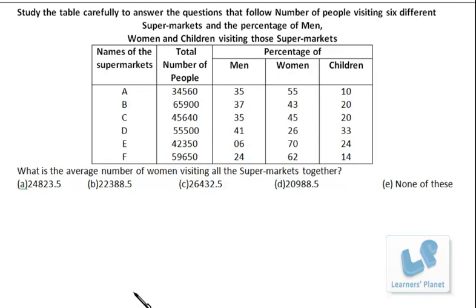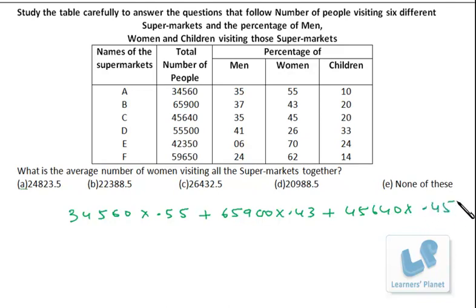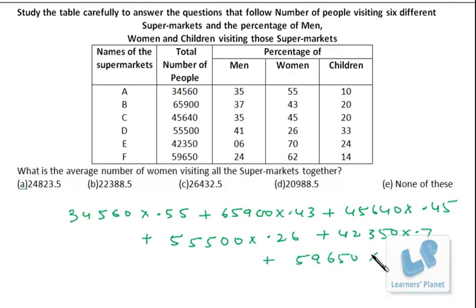So what our actual calculation is, I just write it over here. It's 34560 into 0.55 plus 65900 into 0.43 plus 45640 into 0.45 plus 55500 into 0.26 plus 42350 into 0.7 plus 59650 into 0.62, that too divided by 6.